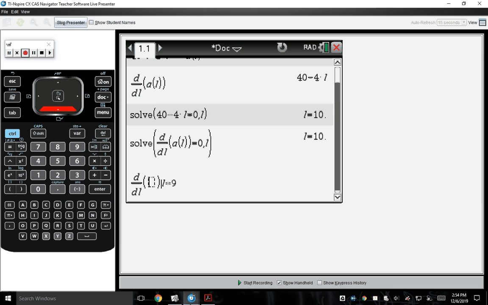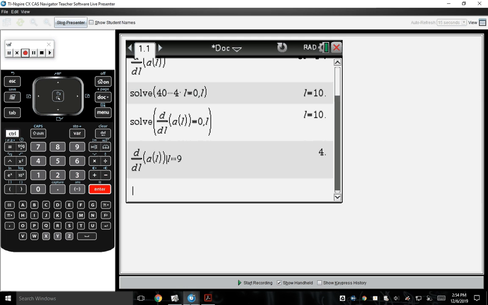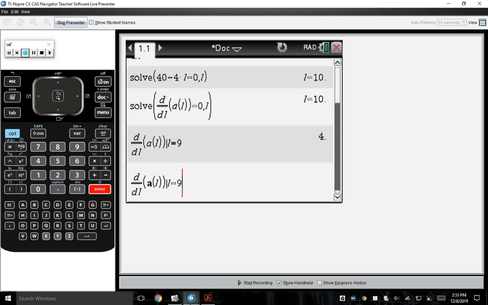And here we go. This is the notation of whatever it is that I stored as my position function. So I'm going to put in right here a parentheses of L. And you can see A is bolded because it's stored. Control Enter is a good habit to get into. And what I care most about this number is the fact that it's what? Positive. Okay? Now look, let's test something to the right of 10.